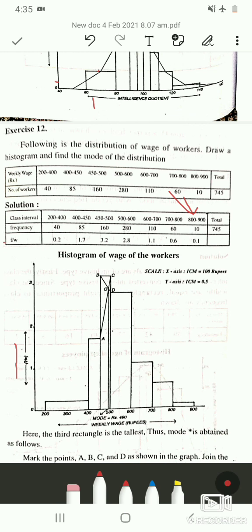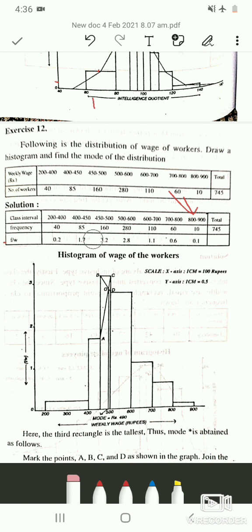So the lines have to be joined for the previous and the succeeding rectangular box. So you can see, join these lines, and wherever the lines intersect, draw a vertical straight line to the x-axis. So wherever this line touches, that value is your mode, which is 490 rupees in this case.